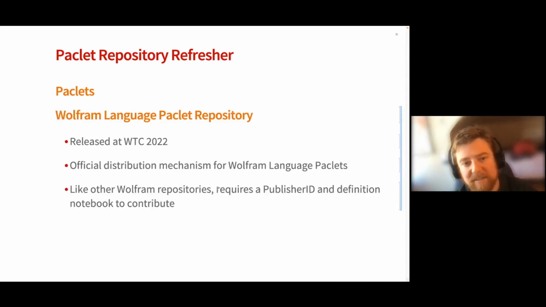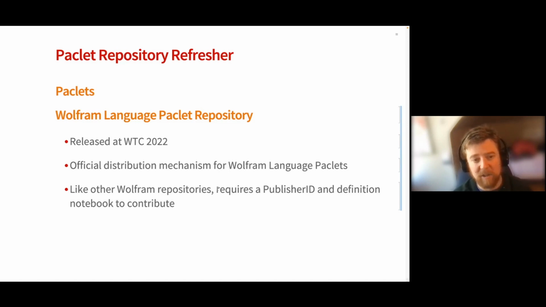As I said just a minute ago, it was released last year at this conference. It's the official Paclet distribution mechanism for Wolfram. Paclets have been around for a long time, for decades, but really the only official distribution mechanism was not open to people outside of the company to contribute to.